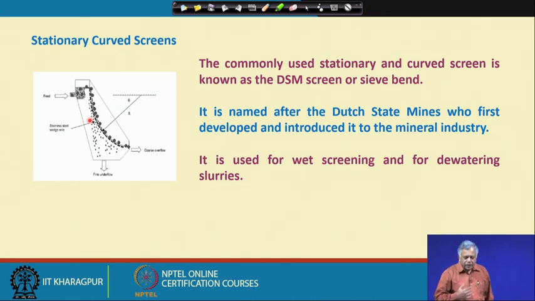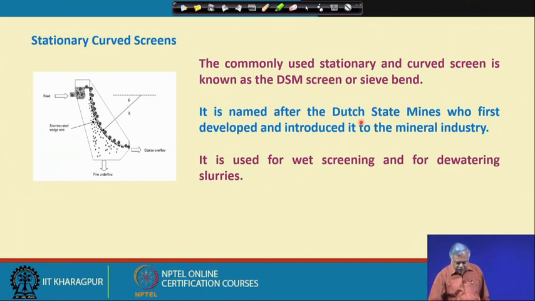The near-size particles, I now want to increase their residence time at this location, so that they can finally decide whether they pass or are retained. The commonly used stationary curved screen is known as the DSM screen, that is Dutch State Mines screen, or C-bend. Popularly it is known as C-bend.